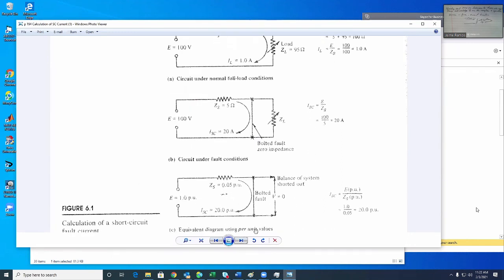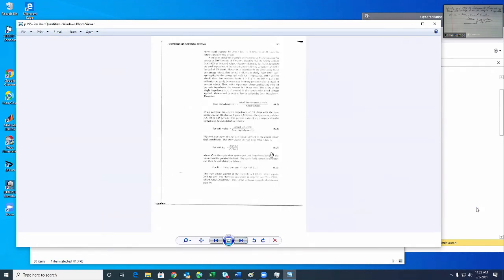Now, we are going to see per unit values, okay? So this is the case for per unit. Let's see what they mean. Here is the definition of per unit.